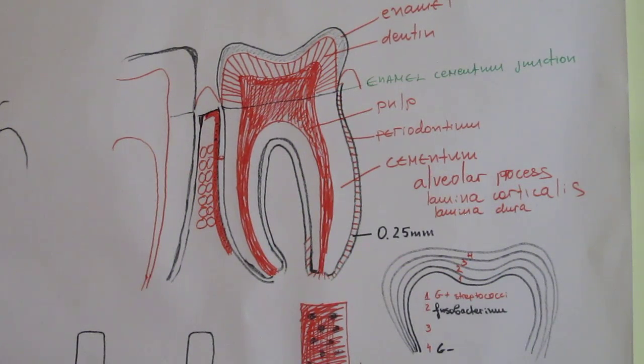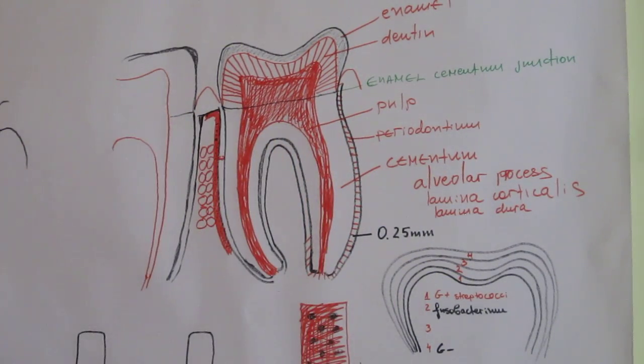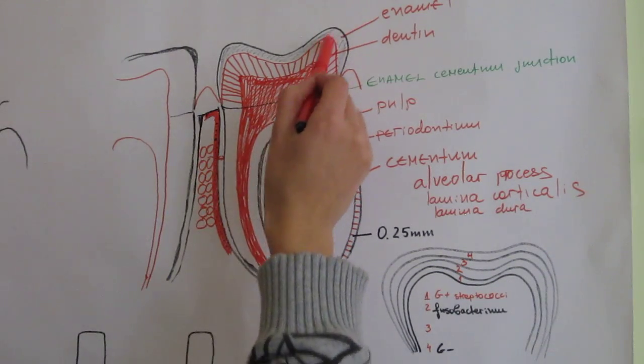I'm gonna tell you about dentin. You know, these are the dentinal tubules. They are filled with fluid which has hydrostatic pressure inside, and some nerve fibers inside of these tubules.